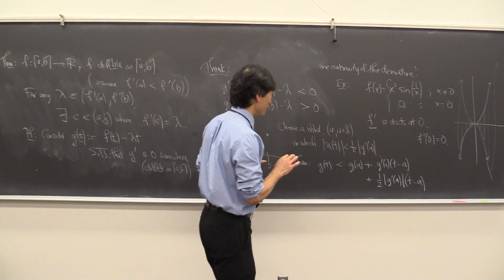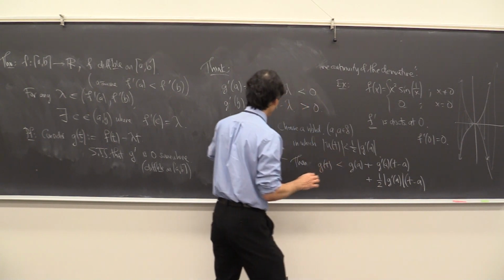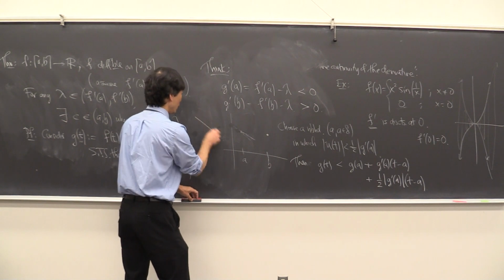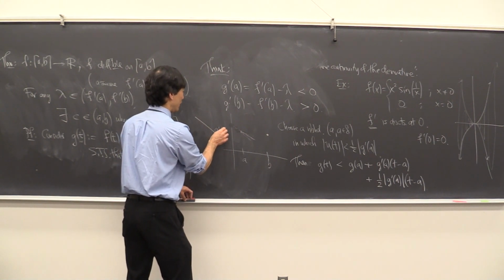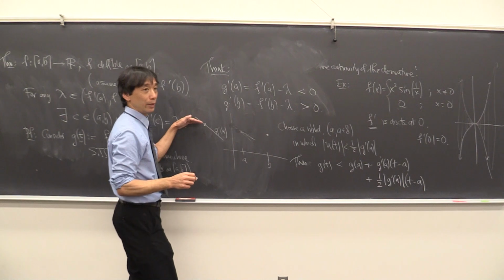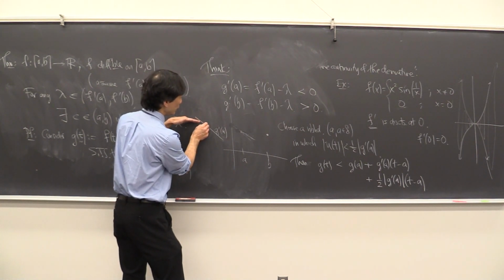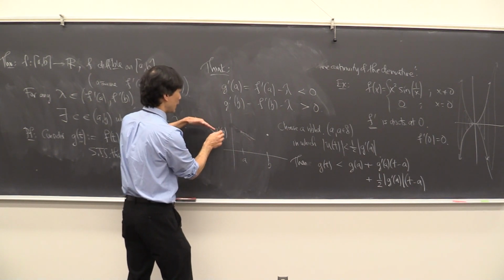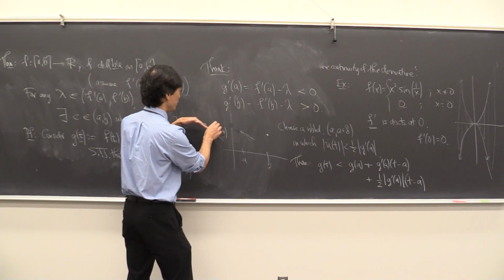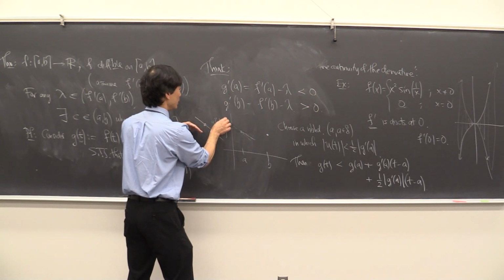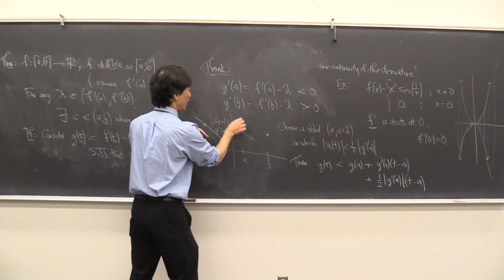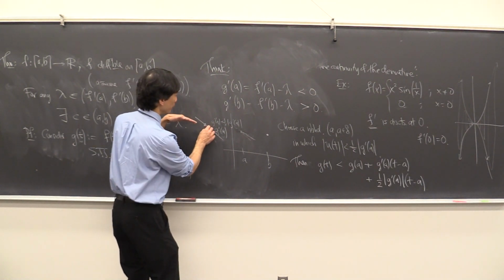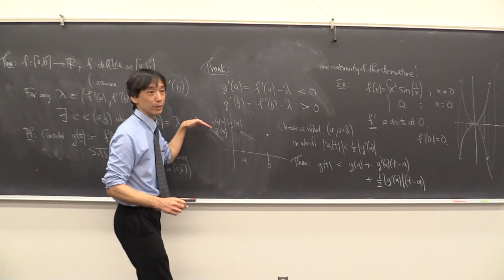Sorry, maybe this isn't clear, but I hope the idea is clear. The slope of the tangent line is g prime alpha, and then you choose your neighborhood so that you're trapped under the line of g prime alpha plus 1/2 absolute value of g prime alpha.